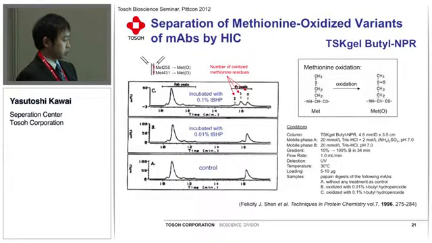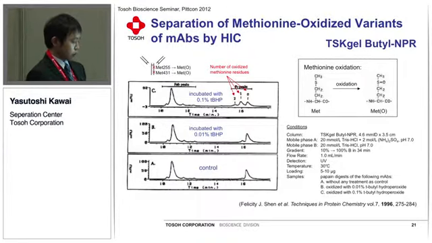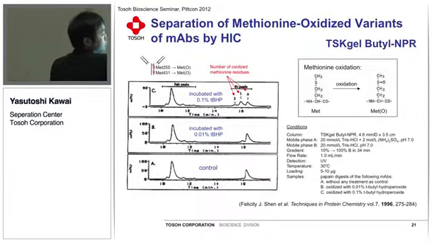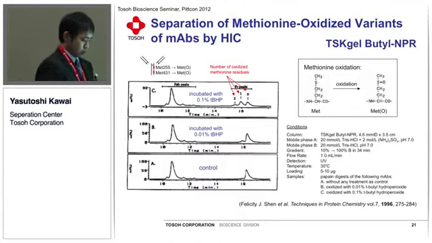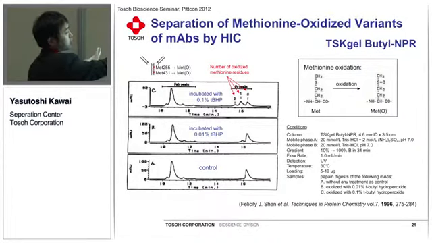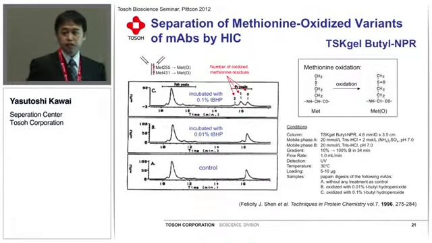Oxidized antibody was separated into one Fab peak and three Fc peaks. Sequence analysis revealed that two methionine residues at the positions of 255 and 431 were oxidized.